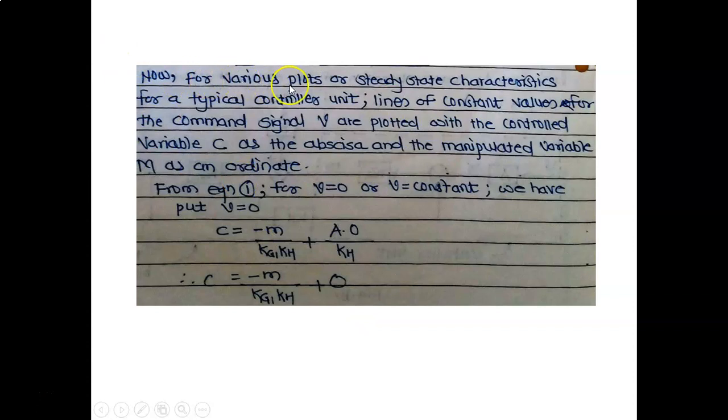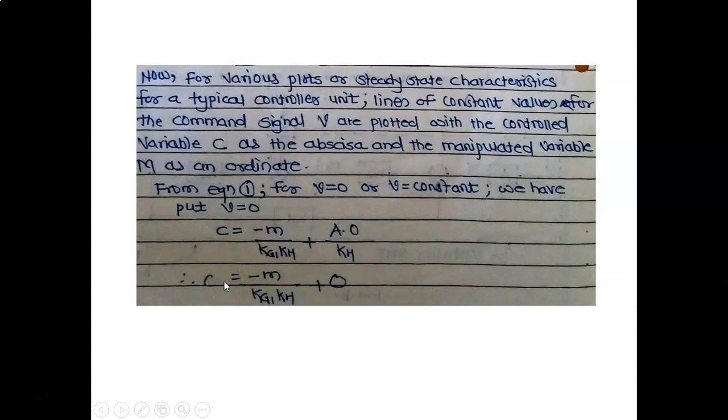Now for various plots for steady state characteristics for a typical controller unit, lines of constant values for the command signal V are plotted with the controlled variable C as the abscissa and the manipulated variable M as an ordinate. Therefore, from equation 1 for V is equal to 0 or V is equal to constant, we have put V is equal to 0. Therefore, C is equal to minus M divided by Kg1 into KH plus A into 0 divided by KH.